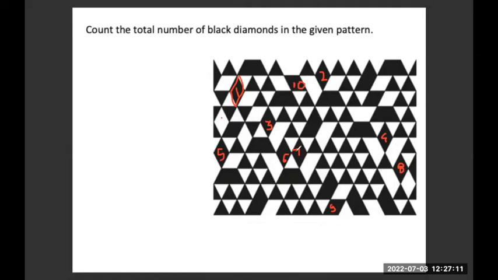And there is one tilted diamond in the third row. 11. 12. Yeah, that's it. 12. Anybody else?